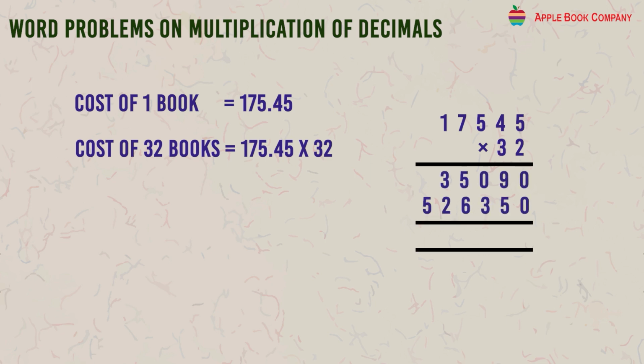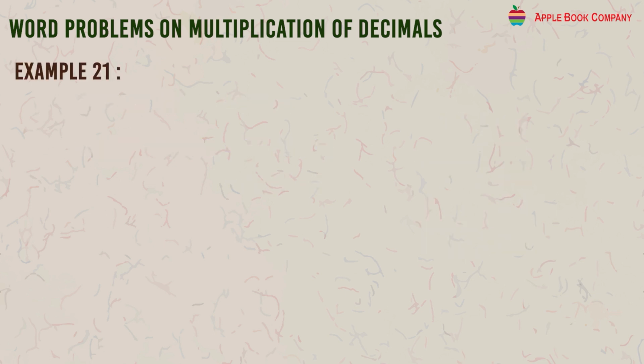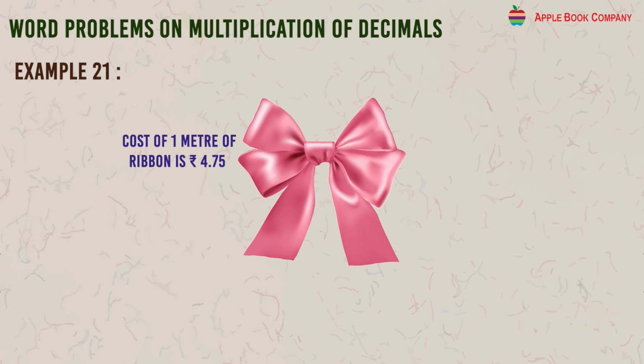Do the normal multiplication and you get the answer as 561440. Now how many decimal places do you have? 2. So where do you put the point? 5614.40. Therefore, the cost of 32 books is Rs 5614.40.